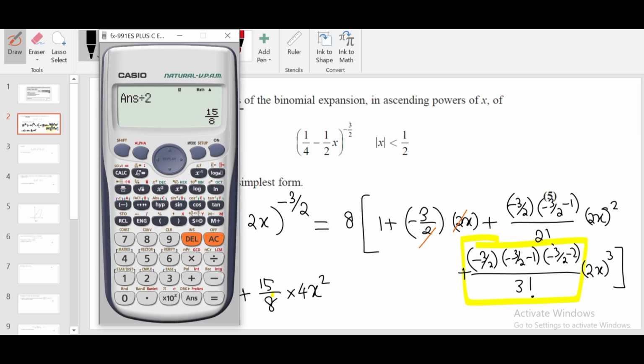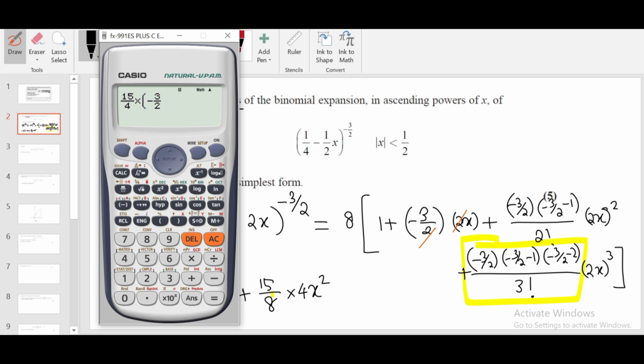So we have this answer before. We got 15 over 4 by simplifying just the first 2 factors, minus 3 over 2 times minus 3 over 2 minus 1. Now I'm going to multiply this with minus 5 over 2. If you don't understand, just write the whole thing here.